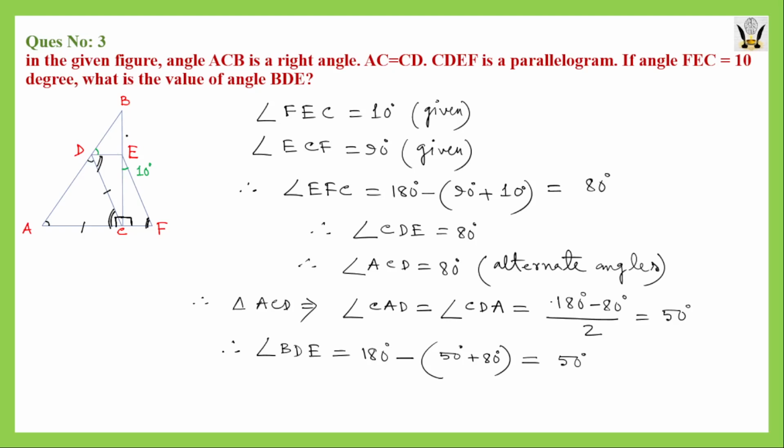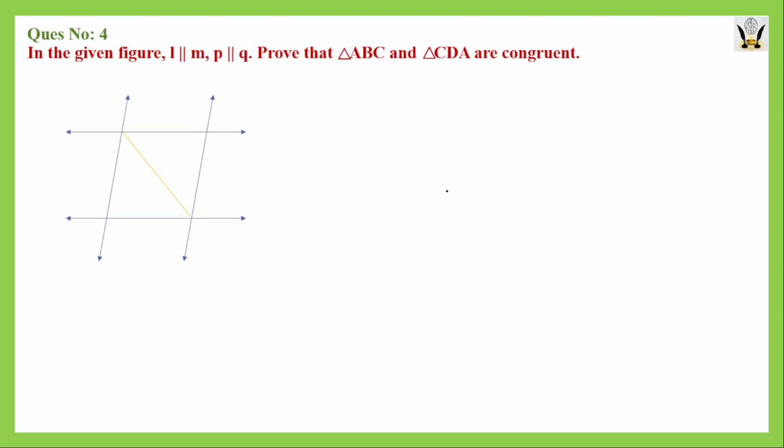Now the next problem. In the next figure, we can see that straight lines L and M are parallel and P and Q are parallel. We need to prove that triangle ABC and triangle CDA are congruent. Since lines L and M are parallel, and with respect to that pair of parallel lines AC is the transversal, we can say that this angle and this angle will be equal because they are alternate angles.